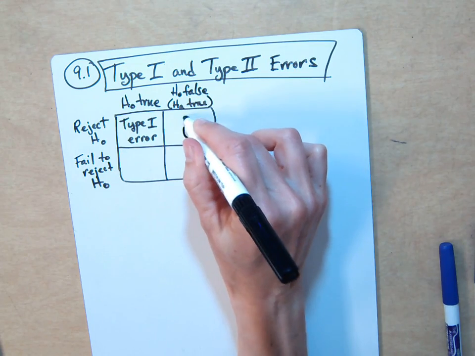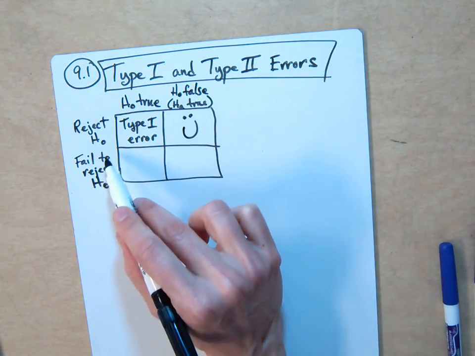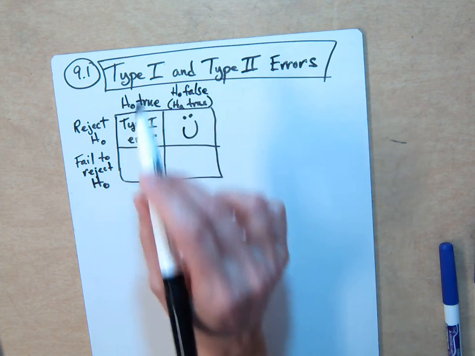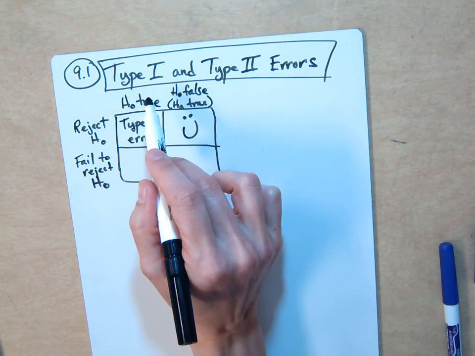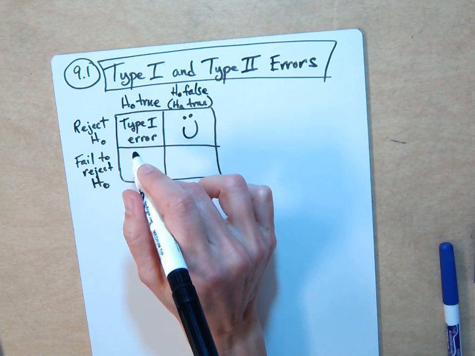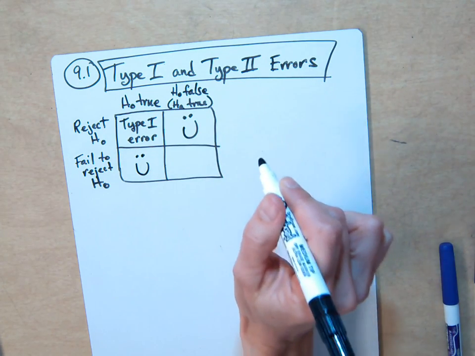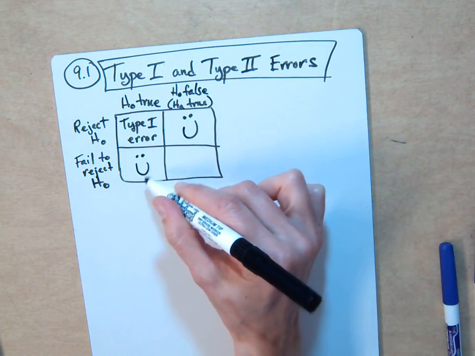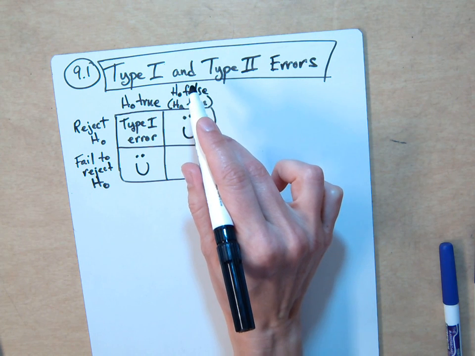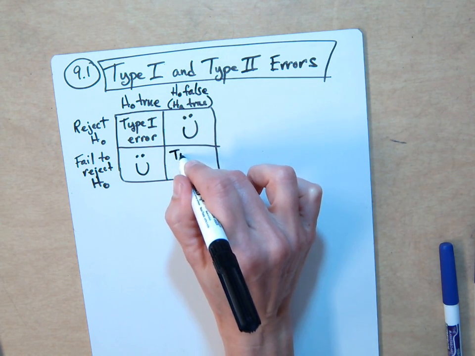Then you're happy. That's a good thing. That's not an error. If you fail to reject H naught and H naught is true, then that's a good thing. So there's no mistake there. But if you fail to reject H naught and H naught's false, that would be a type 2 error.